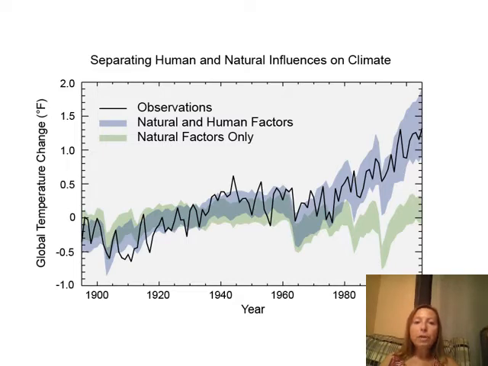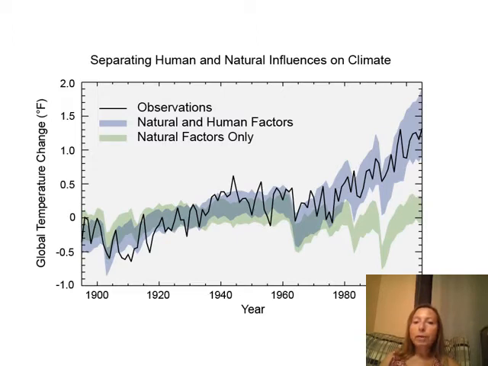This graph shows you the changes in the global temperature and their explanation from what we see today from the observations, and what fits with both natural and human factors and natural factors only.